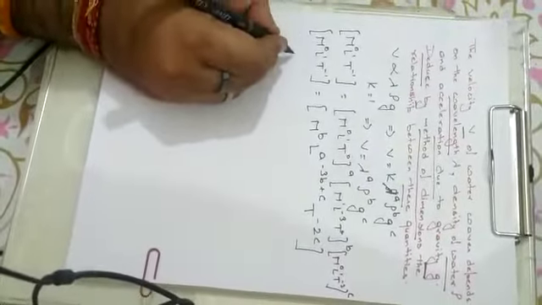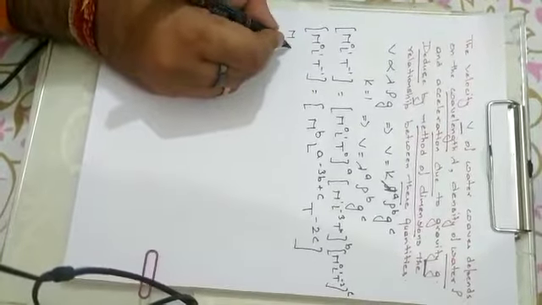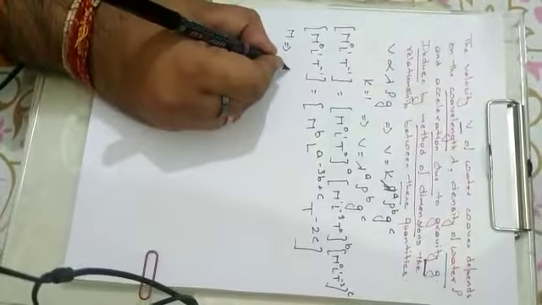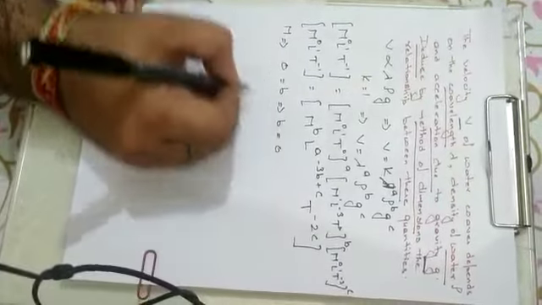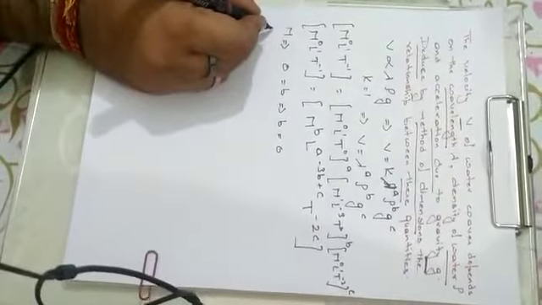In the next step, equating powers. For the first, the power of M^0 is b, so the value of b is 0.